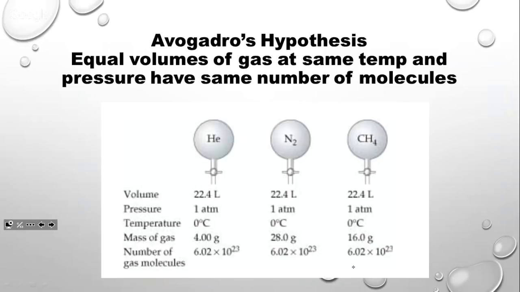So the first topic that was submitted in physical behavior of matter was about Avogadro's hypothesis. Avogadro's hypothesis says that equal volumes of gas at the same temperature and pressure have the same number of molecules.